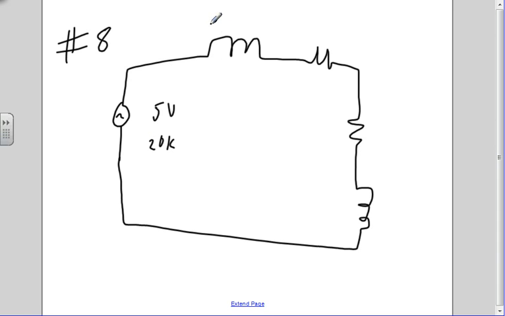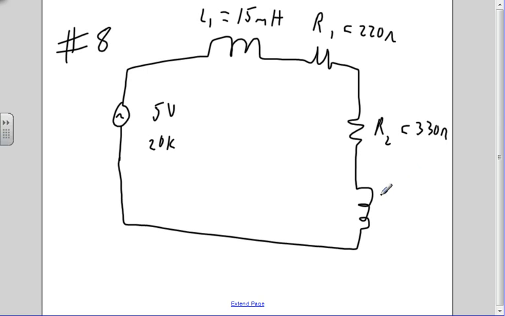I have an L1, 15 millihenry, an R1, 220 ohms, an R2, 330 ohms, and an L2, 330 microhenry.